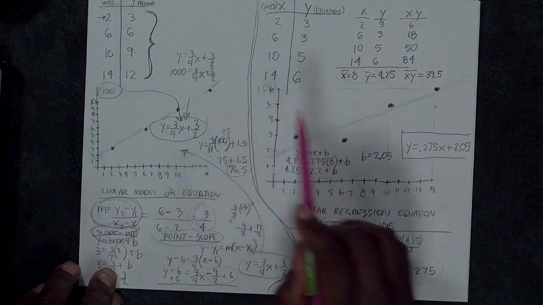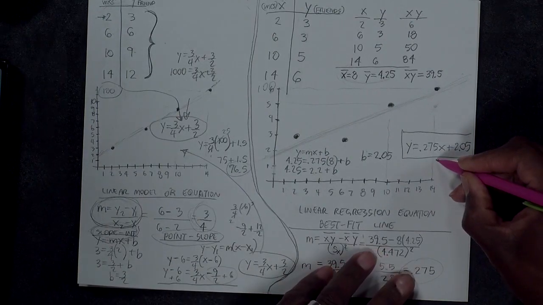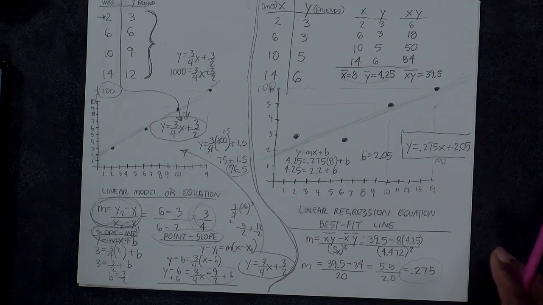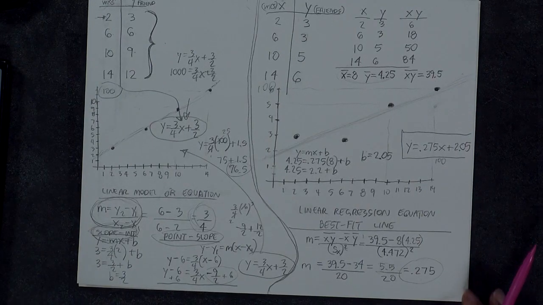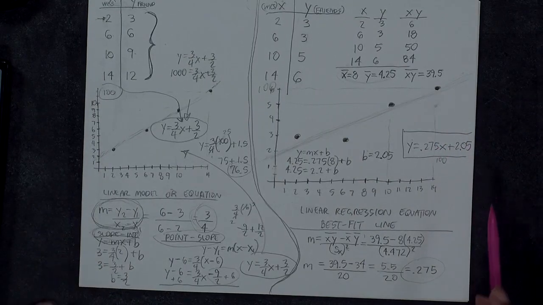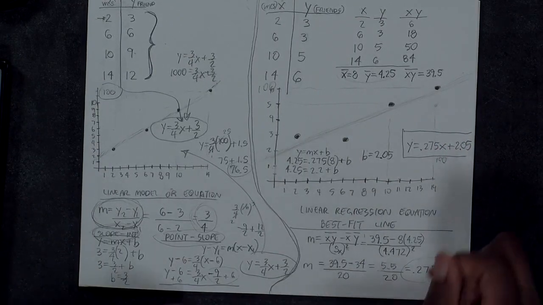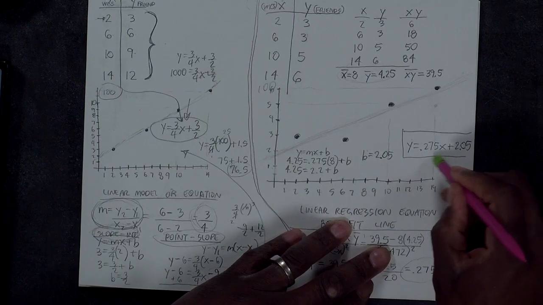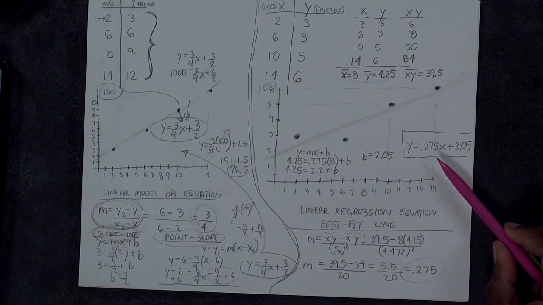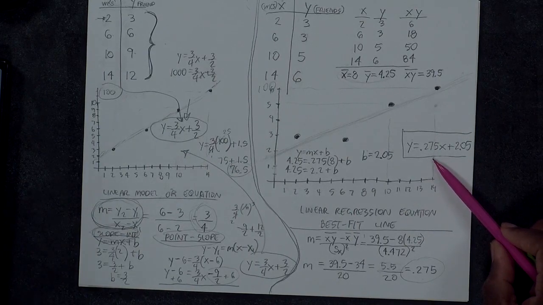After 100 weeks, how many friends would you have? You could put 100 right here and come up with the best approximation of the number of friends after 100 weeks. I hope this is clear. This is called a linear regression equation. Sometimes it's called the best fit equation.